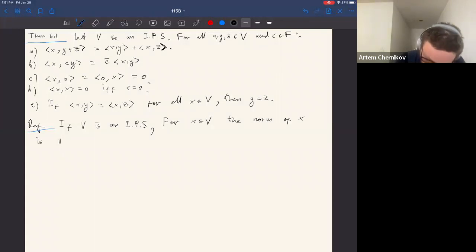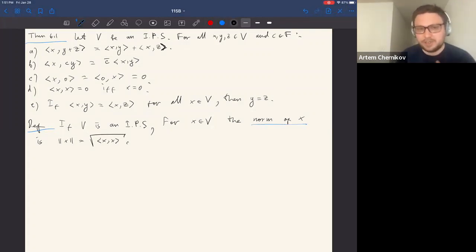It is denoted with two vertical lines like this, and we take it to be simply the square root of the inner product of x with itself. So this is the norm of a vector with respect to a fixed inner product. All right, so I'll stop here today.